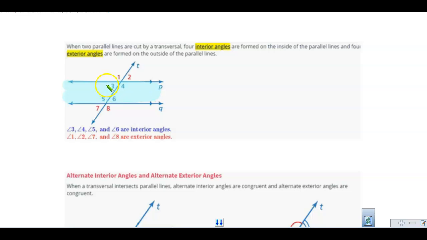In this example, 3, 4, 5, and 6 are all what we classify as interior angles. This is going to be important when we start talking about alternate interior angles and alternate exterior angles. If they're not inside the parallel lines, they are outside, meaning exterior. So the exterior angles here are angle 1, 2, 7, and 8.